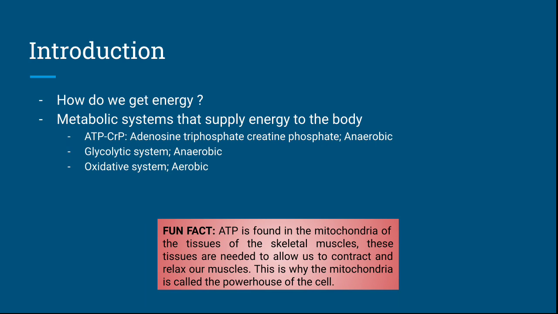And the last one is the oxidative system, and this one is obviously aerobic, which means it is dependent on oxygen. A fun fact is ATP is found in the mitochondria of the tissues of the skeletal muscles. These tissues are needed to allow us to contract and relax our muscles. This is why the mitochondria is called the powerhouse of the cell.